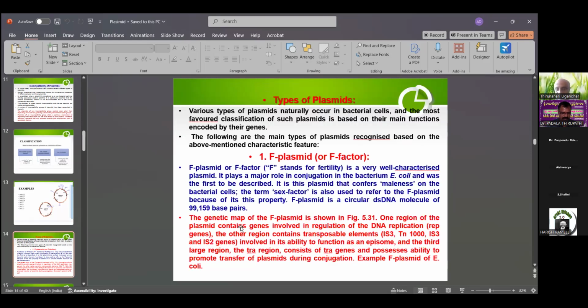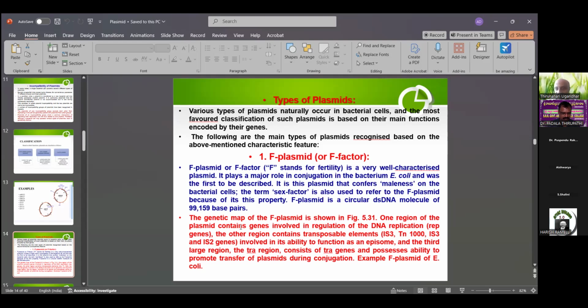Various types of plasmids occur naturally in bacterial cells. The most favorable classification of such plasmids is based on the functions encoded by their genes. Based on two characters, plasmids can be classified into five types.